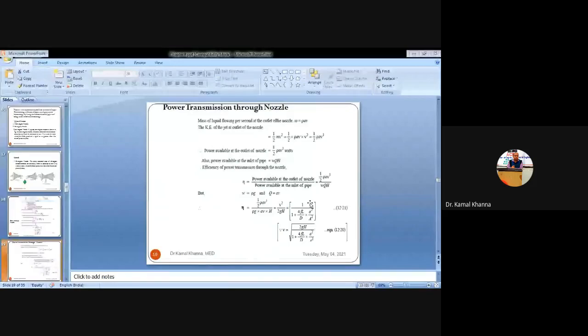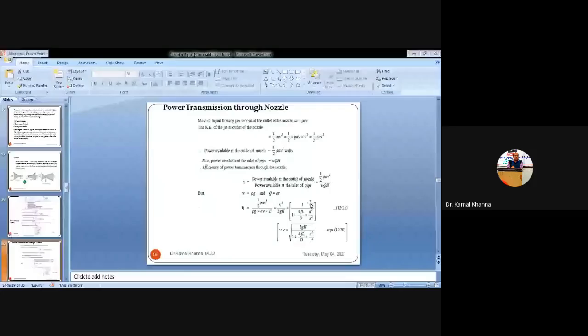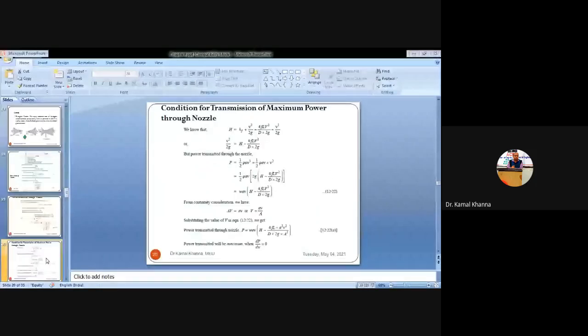That efficiency will be for the converging nozzle. Next expression we have is the condition whenever we want the maximum power to be transmitted from the nozzle. That is, we need to find out the condition or the expression whenever we need the maximum power to be transmitted through the nozzle.